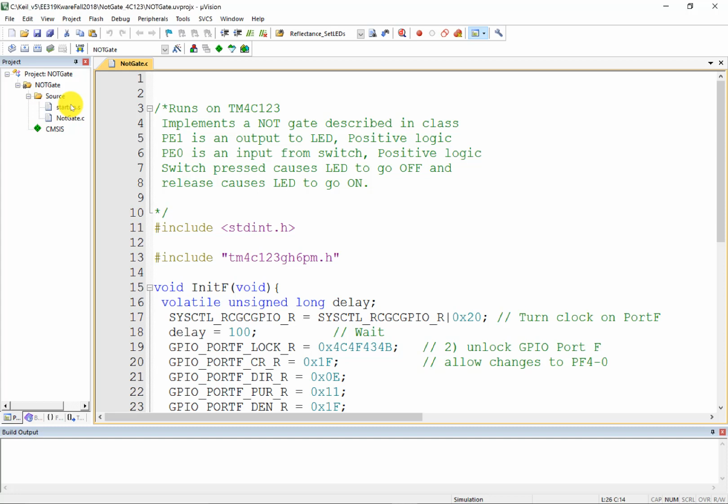It says PE1 is the output to the LED, and PE0 is the input from the switch, both in positive logic. Now I can build it. So what does it do? When you push the switch, the light goes off. When you let go of the switch, the light goes on.